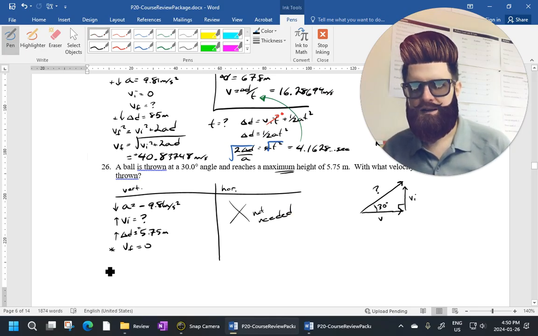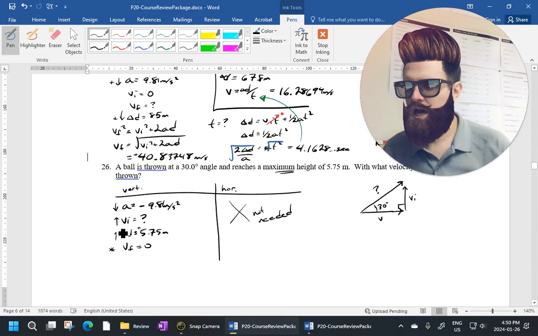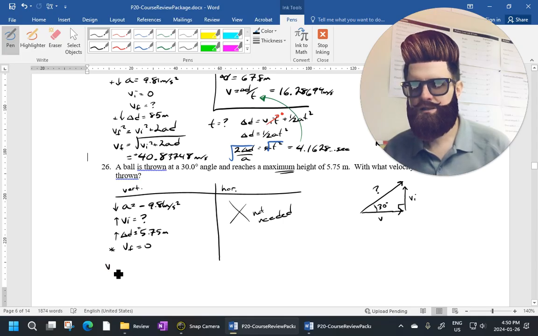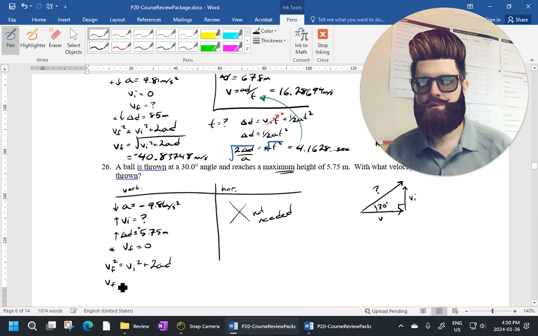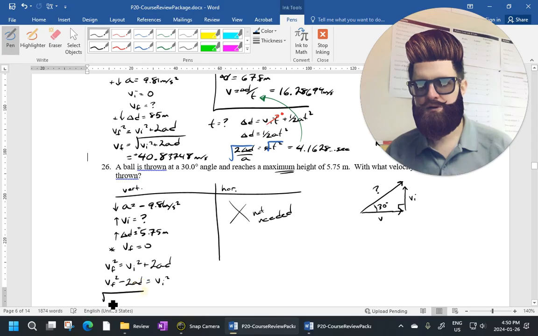Okay, so over here I'm trying to find VI. So it looks like I'm going to be using this formula. Not time. This formula doesn't have time. We're trying to find a VI. So I'm going to take the 2AD and minus it over to the other side. Take the square root of both sides.